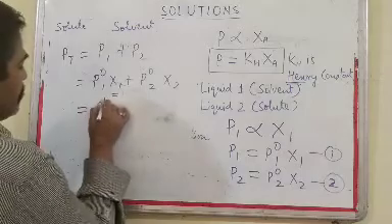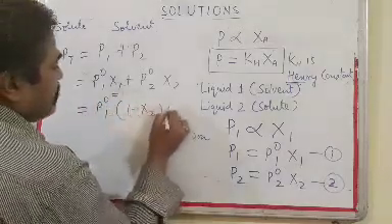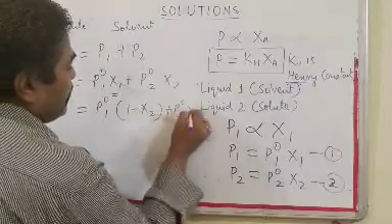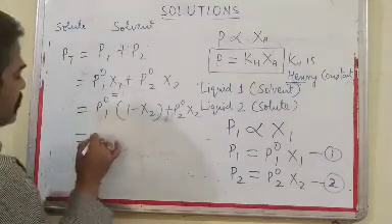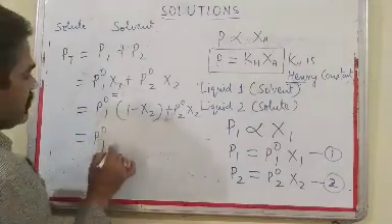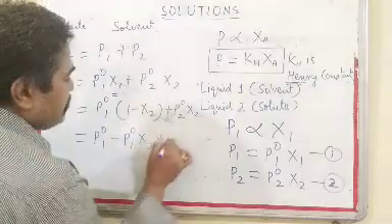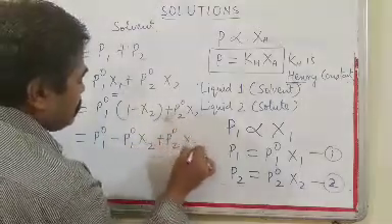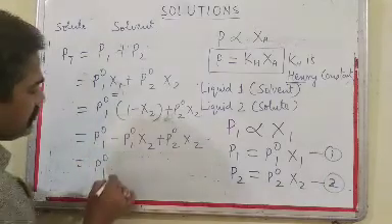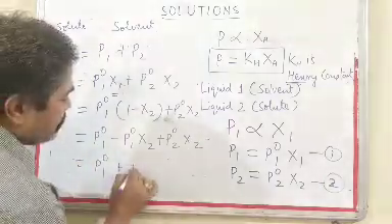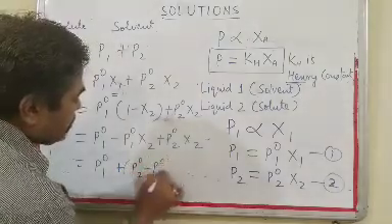So this may be written P01 into (1 minus X2) plus P02 X2, or this may be written as P01 minus P01 X2 plus P02 X2, or this may be P01 plus (P02 minus P01) X2.